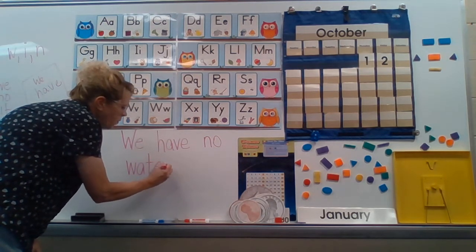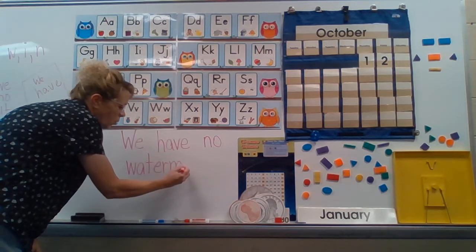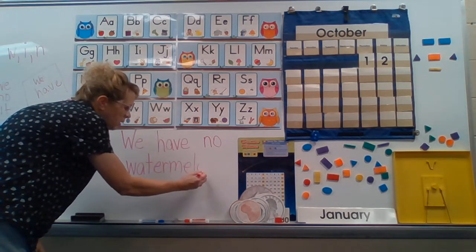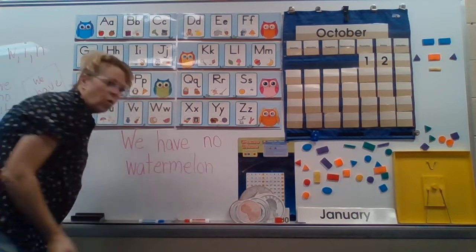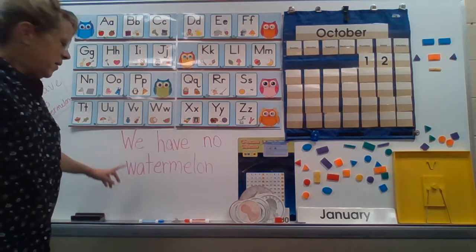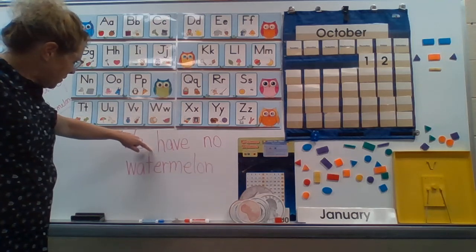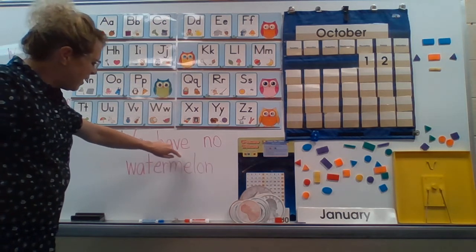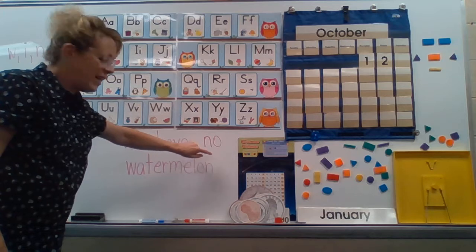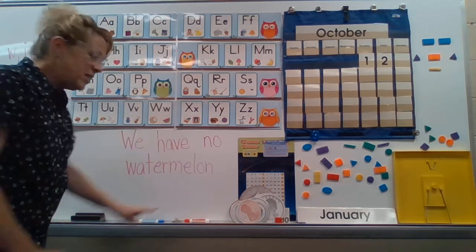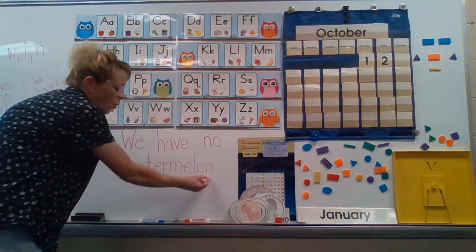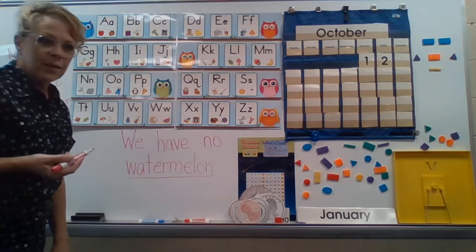These are all the letters it takes to write the word watermelon. Whoa. Let's see how many letters that is. 1, 2, 3, 4, 5, 6, 7, 8, 9, 10. It took 10 letters to spell watermelon.